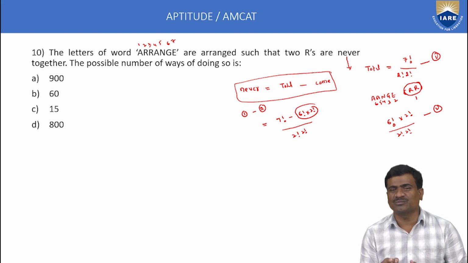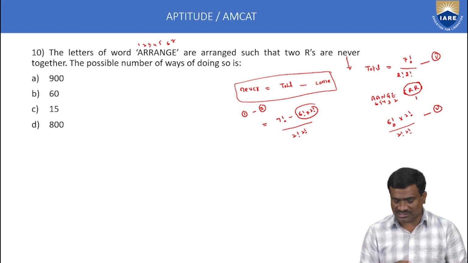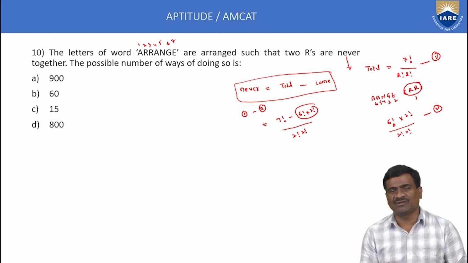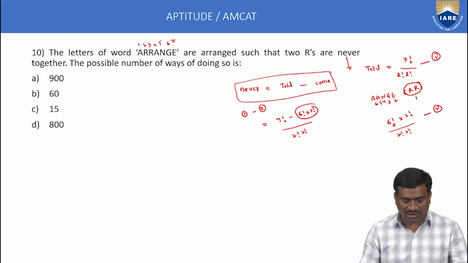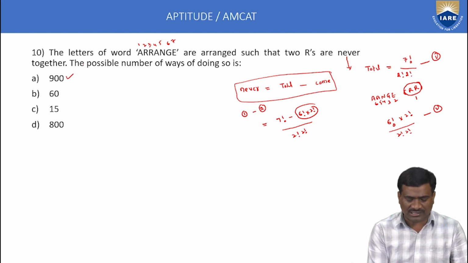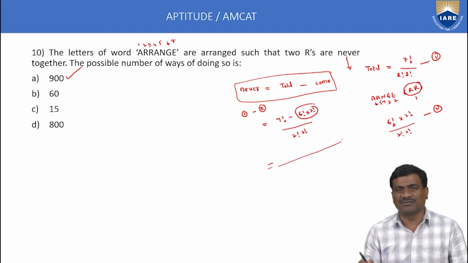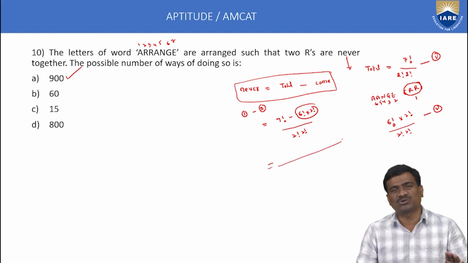Therefore, do not come together is equal to equation 1 minus 2. 7 factorial means 7 into 6 into 5 into 4 into 3 into 2 into 1. The remaining part is only simplification. The answer to this question is option A. The remaining part is only simplification, using the factorial symbol.